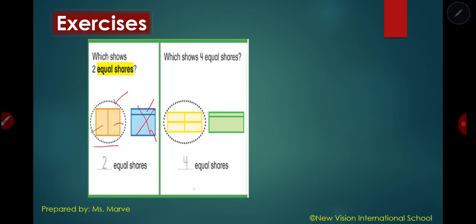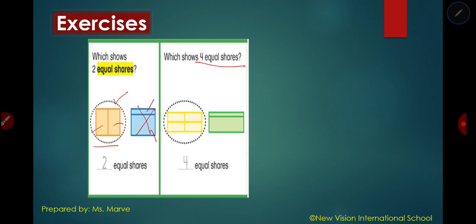Okay, we are going to circle the picture that shows 4 equal shares. When you say 4 equal shares, it means the square or the shape is divided into 4 equal sizes or 4 equal parts.